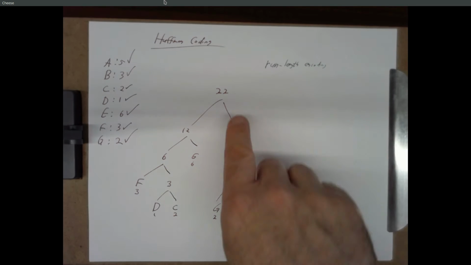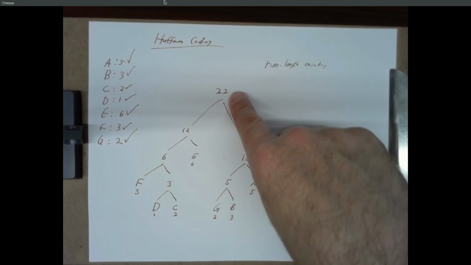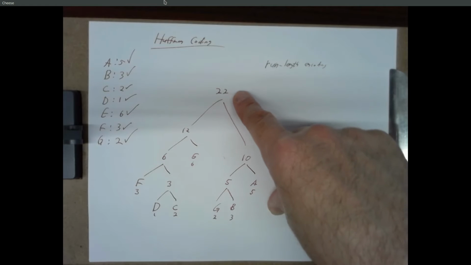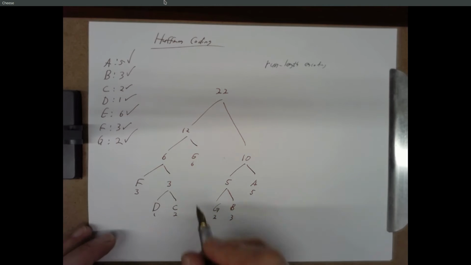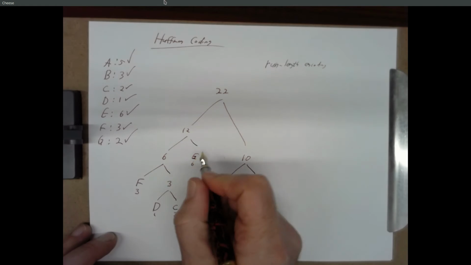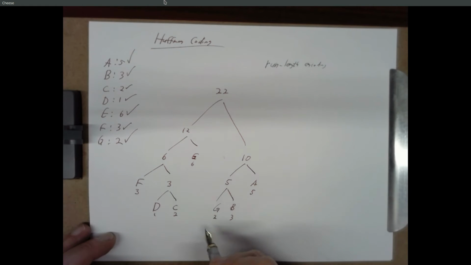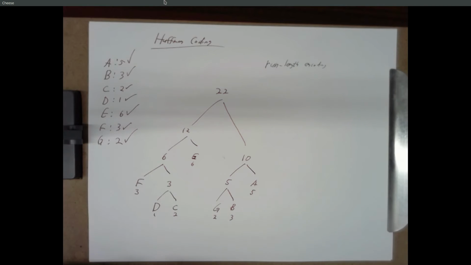The only frequency I have left is 22. There's nothing to pair that with. I'm done. And I have a tree whose root is whatever, but all of my original letters are sitting as leaves in this tree.